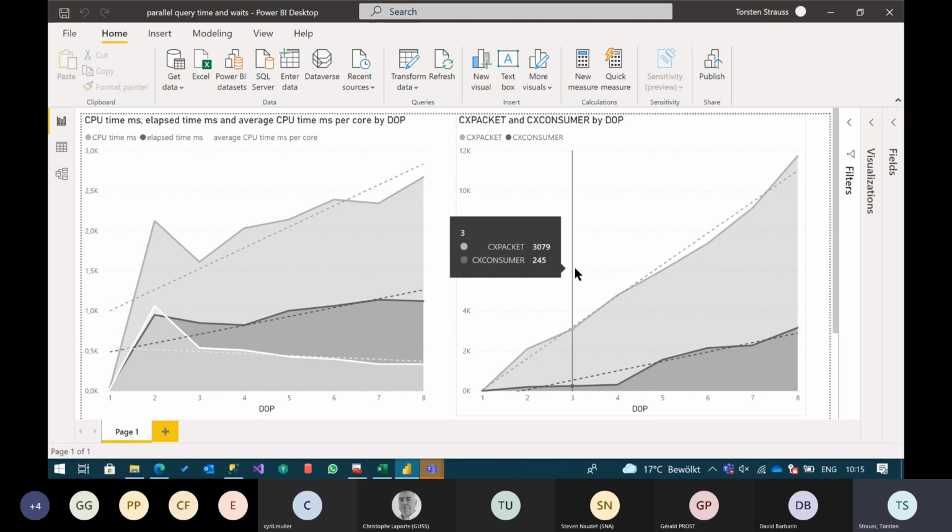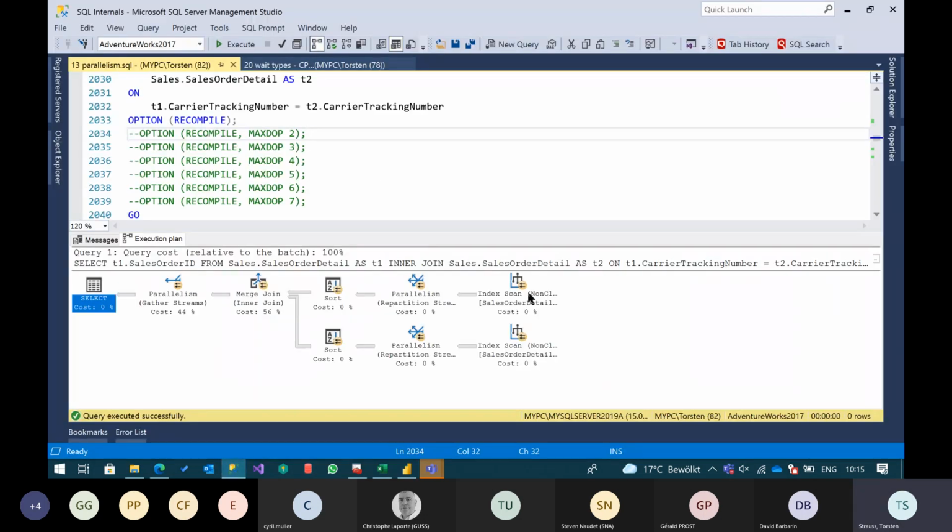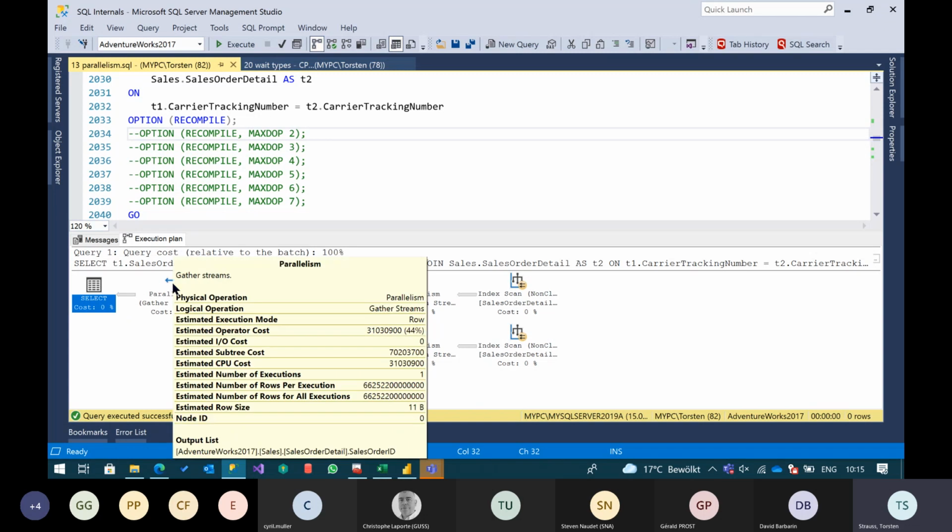So let me go back to the query. You can see the query itself starts with 2 threads, which can run in parallel because merge is not a blocking operator. So we have one thread or one branch here, and the branch can allocate 8 threads in parallel. This is something which we can see here as well.